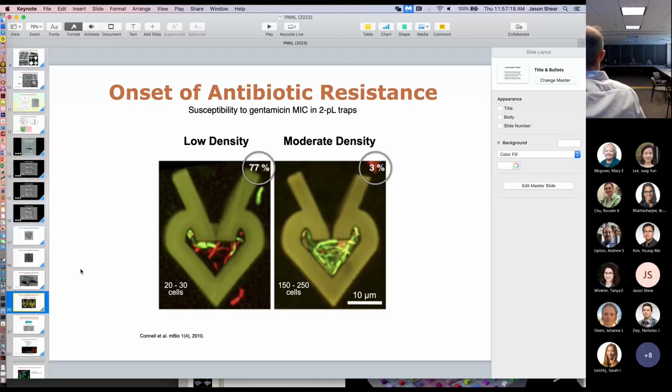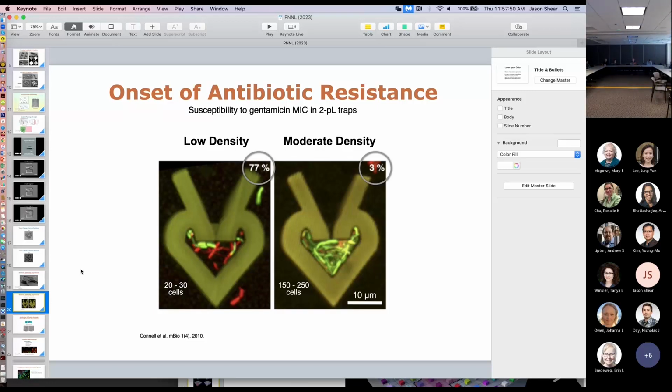Dead is red and live is green, and was able to find sort of this tipping point for this volume of trap where a transition occurs between antibiotic susceptibility and antibiotic resistance. And you can see we had roughly 3/4 of the cells die at the low density, and very few die at the high density population.